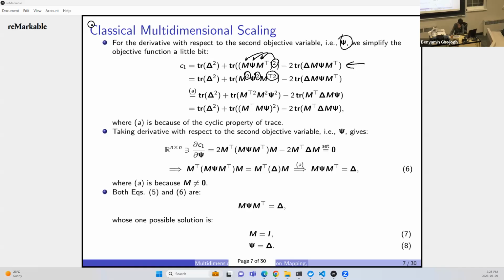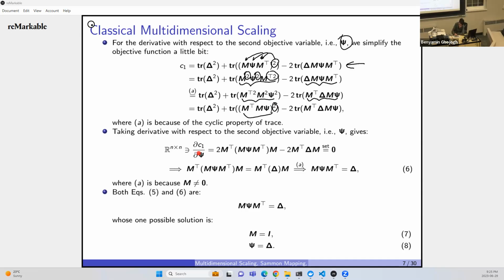I use the cyclic property of trace inside here, so I change the order. Also here, I change the order inside the trace. Then I again have the power 2 for all of them.